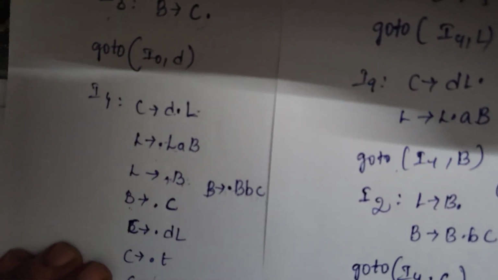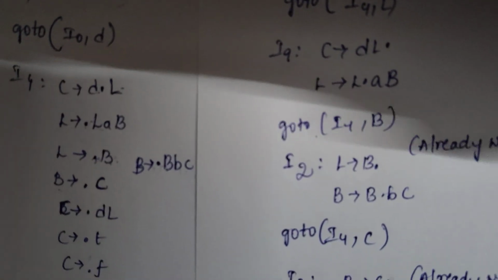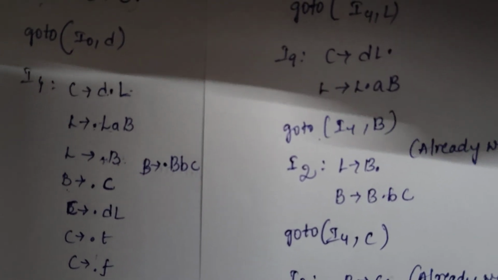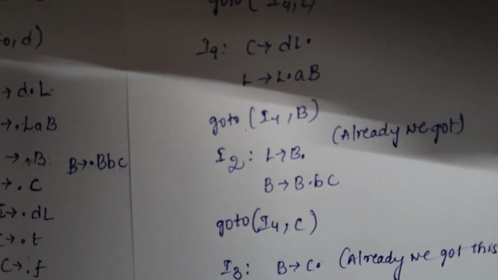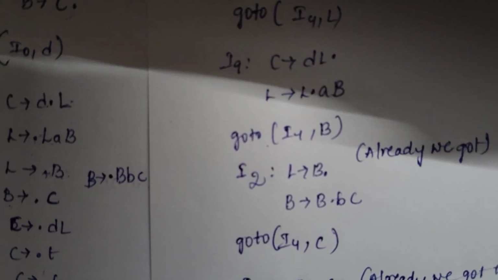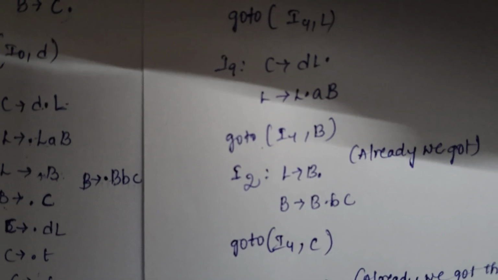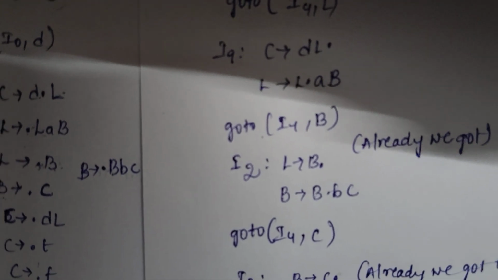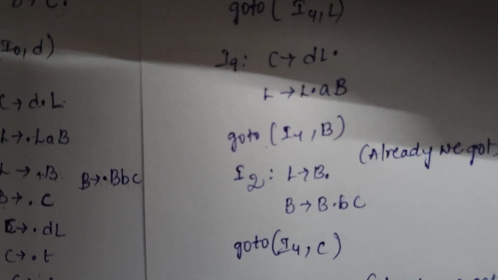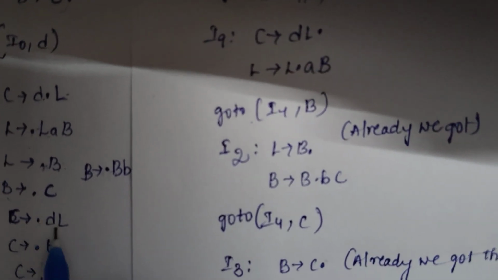Okay. Next, we are done with the C. Next go to D. Go to I4 comma small d. So this dot will be shifted here, right?